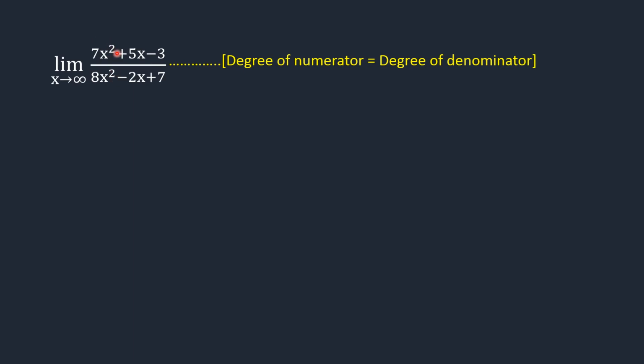Now, here the highest degree term in the numerator and denominator is x squared. Therefore, the limit of the lower degree terms, that is 5x minus 3 and minus 2x plus 7, as x approaches infinity, will be insignificant compared to the limit of 7x square divided by 8x square as x approaches infinity. Therefore, in the next step, we will ignore these insignificant terms.